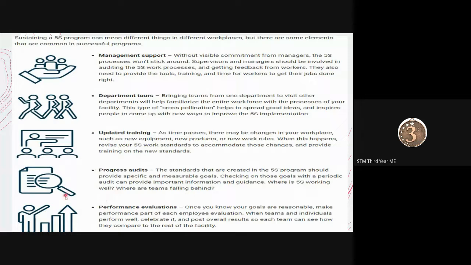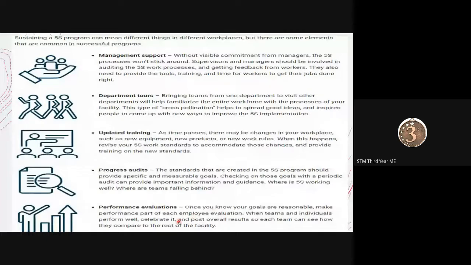And last comes performance evaluation. After the progress audits comes performance evaluation. Once you know your goals are reasonable, make performance part of each employee evaluation. So we are evaluating each employee. When teams and individuals perform well, celebrate it and post overall results, maybe at the end of a month.